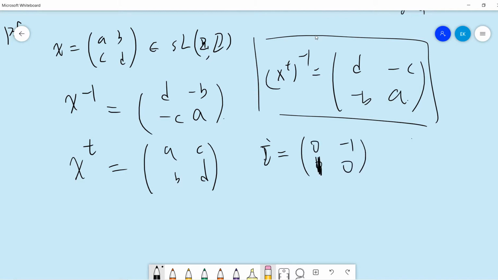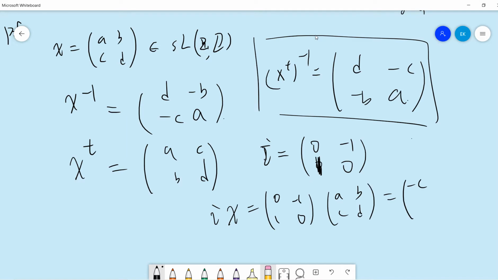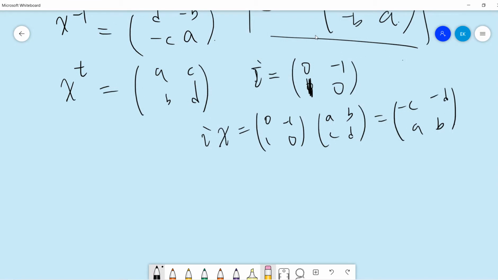We compute Ix, which is just this, by direct computation: minus c, minus d, a, b. Then we compute IxI. Sorry, we do the same thing.